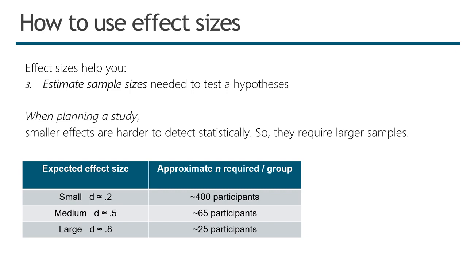Another way of thinking about this is that maybe you think, I'm only interested in medium or larger effect sizes. And if that's the case, then you might be able to say, I want 65 participants per group. If, however, you are thinking that a small effect would be important, then you're going to need 400 participants per group.